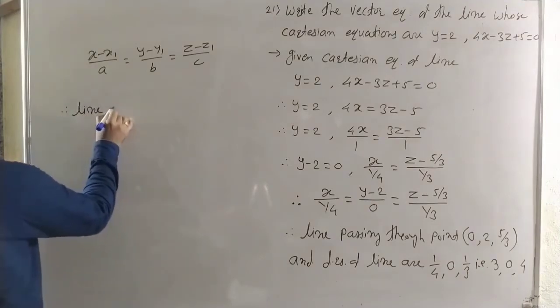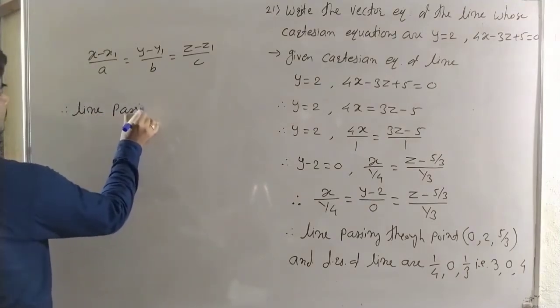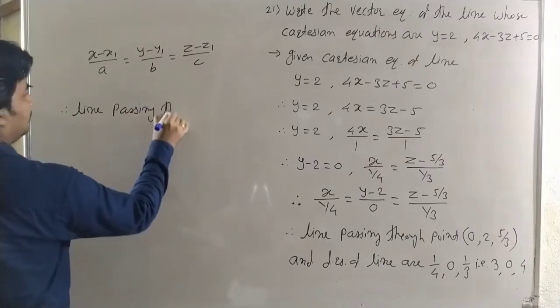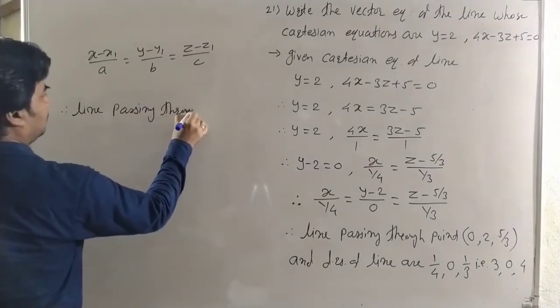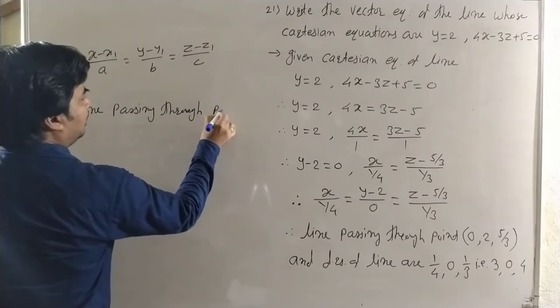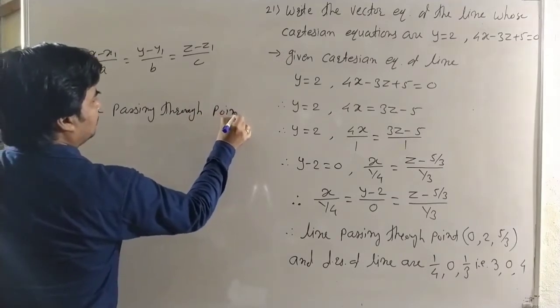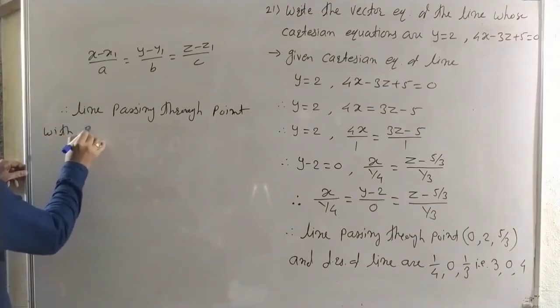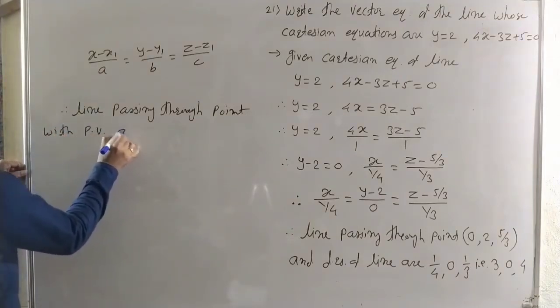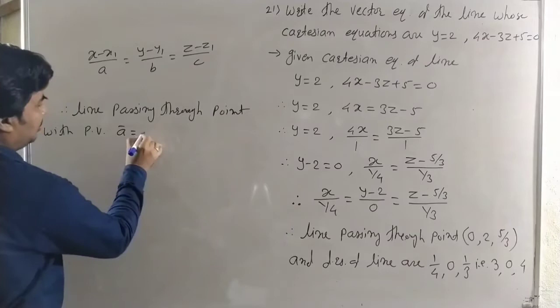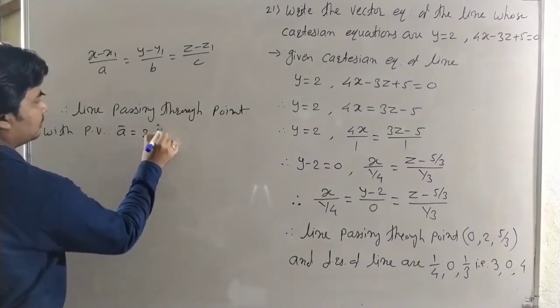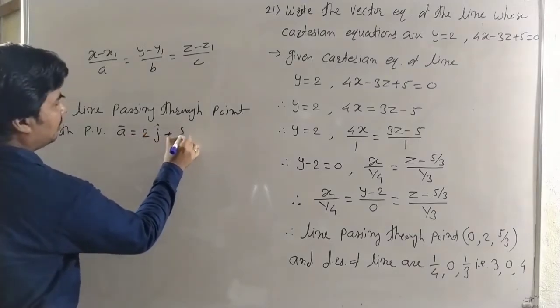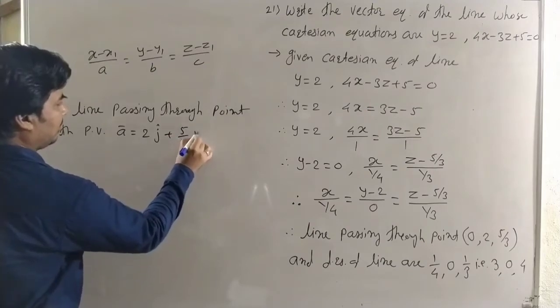And therefore line passing through point with position vector a bar is equal to 2j cap plus 5 by 3 k cap.